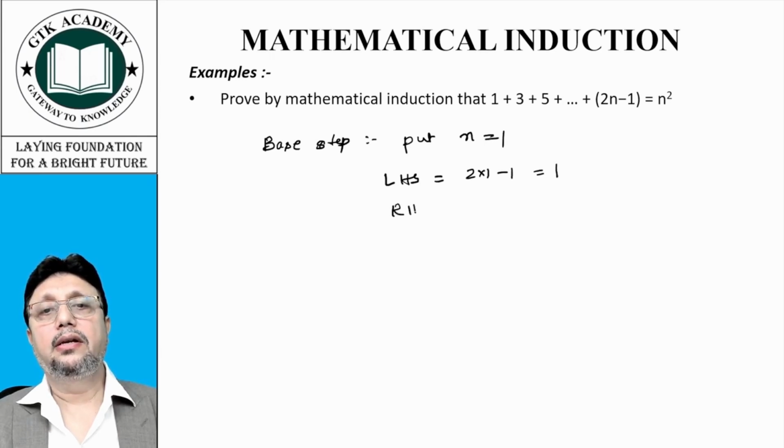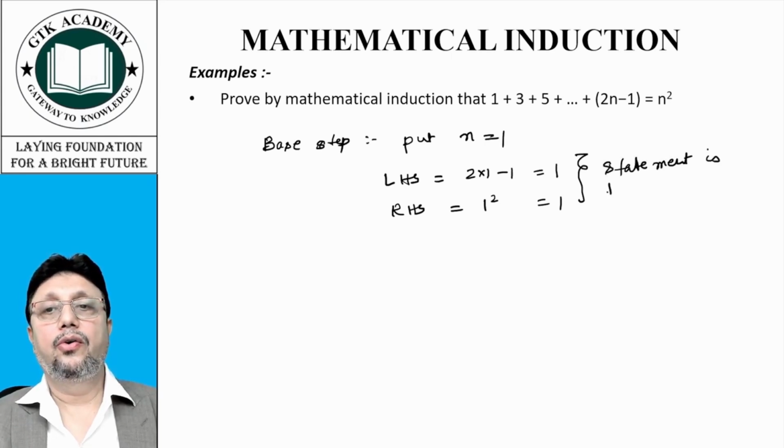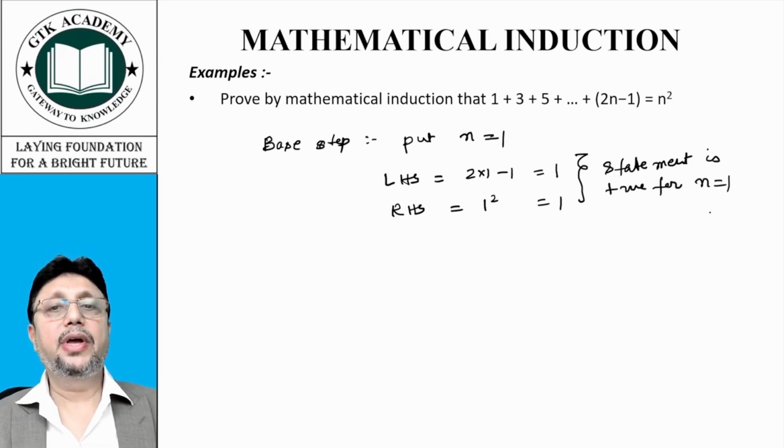The right hand side is equal to 1 square, which again is equal to 1. So the left hand side is equal to the right hand side. That means the statement is true for n is equal to 1. So your base step is over.